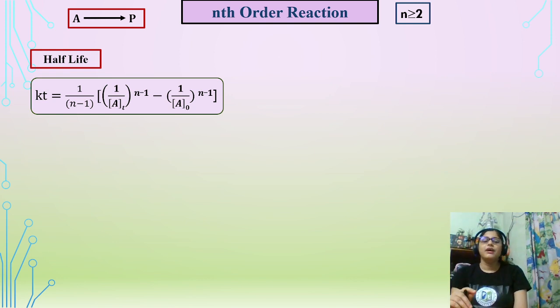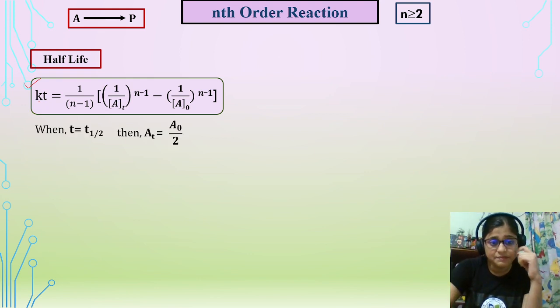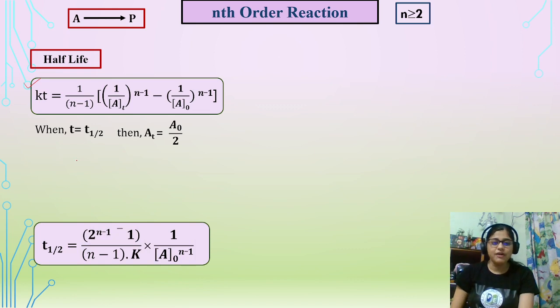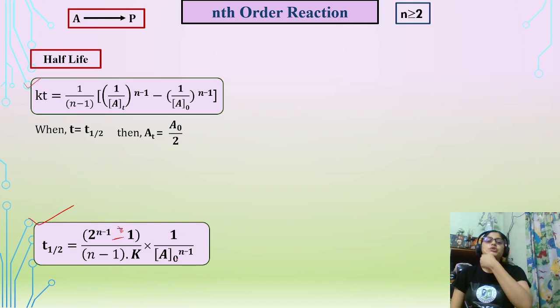But we can show from here, we can calculate the half-life for nth order reaction, so that we can put n equal to 2, 3, 4, and calculate the half-life of any reaction. Okay, let's see. This will be the t half equation: (2^(n-1) - 1) in the numerator, and below it is (n-1) into k into 1 by A0 to the power n minus 1.